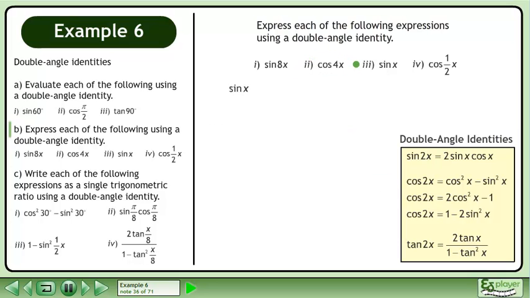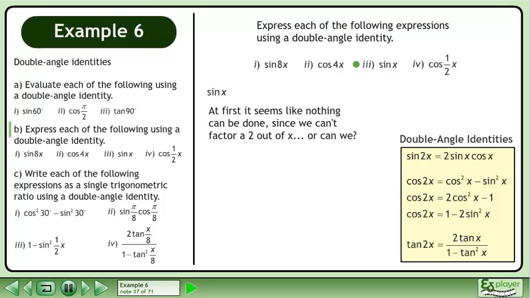In question 3, expand sin x. At first it seems like nothing can be done since we can't factor a 2 out of x, or can we? We write x as 1/2 x plus 1/2 x.